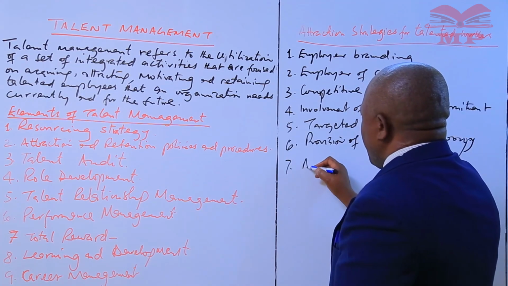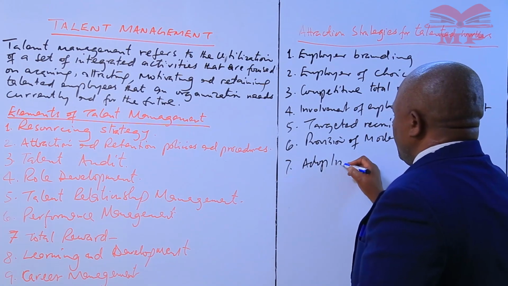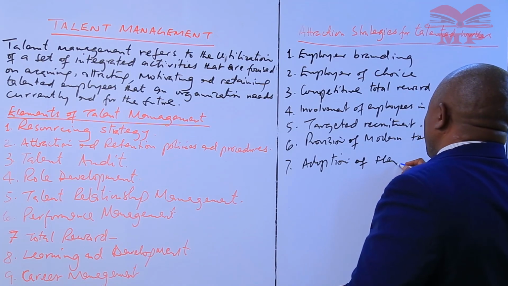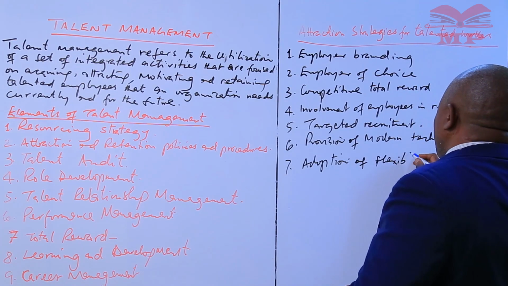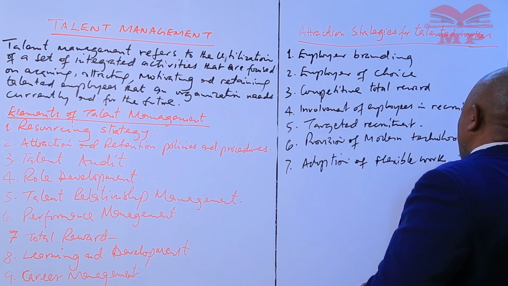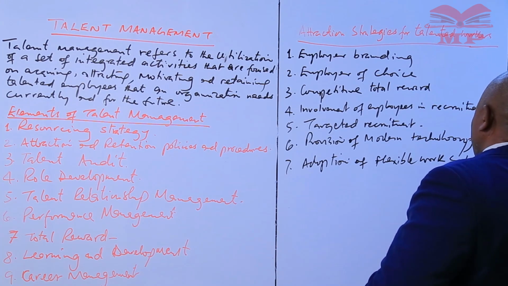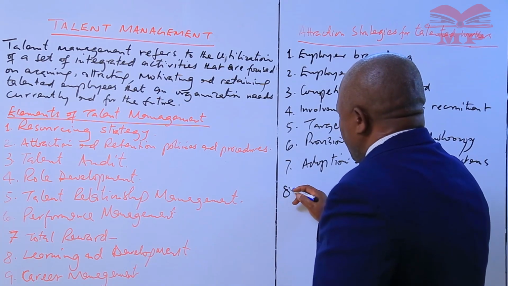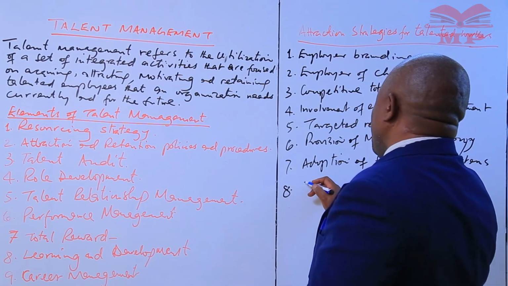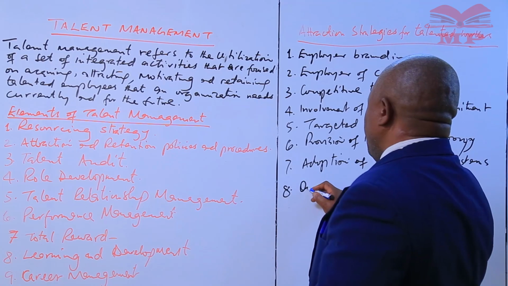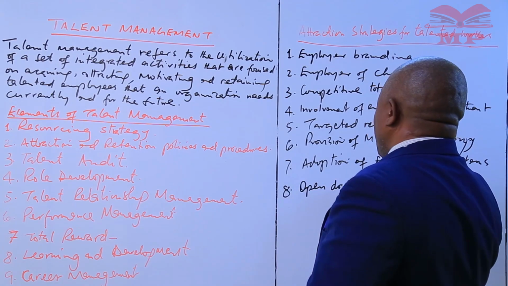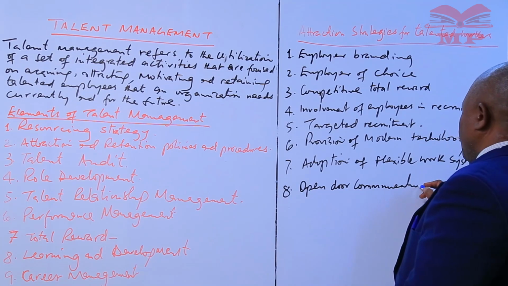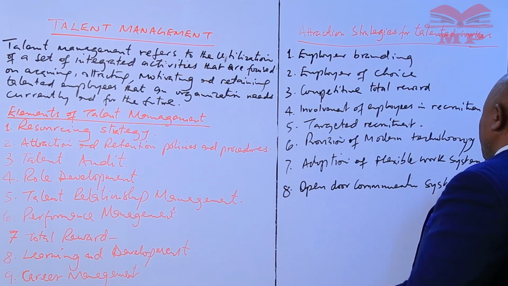Number seven, adoption of flexible work systems. Number eight, open door communication systems.